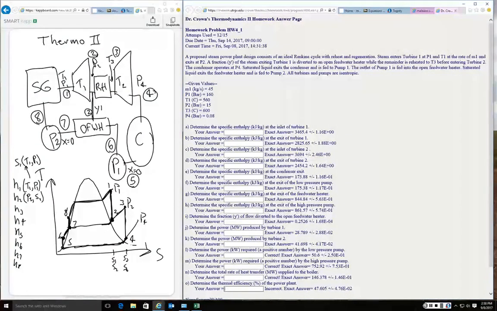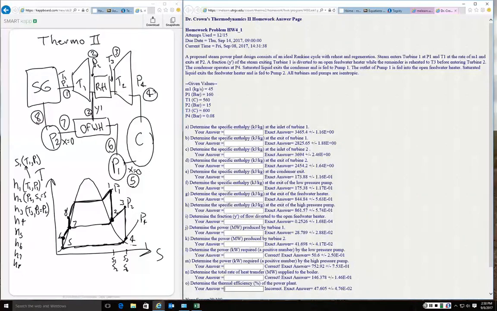Next, H3. H3 temperature is given. And we know that P3 is the same as P2, which we already have. And I could also write that S2 is the same as S1 here.